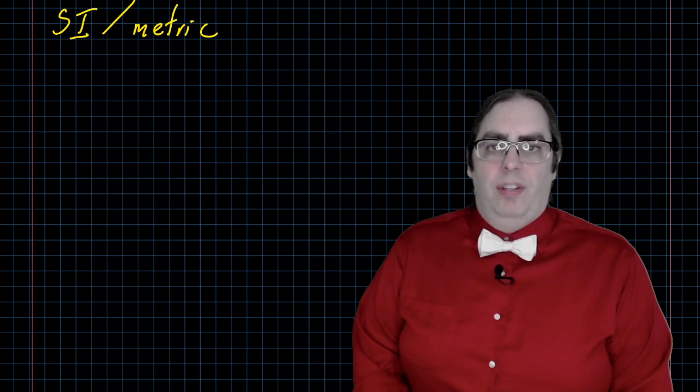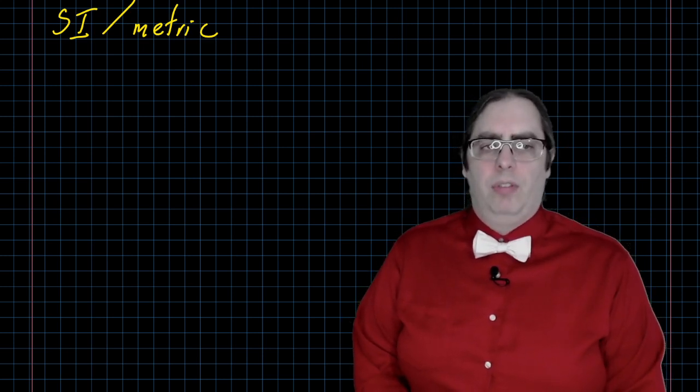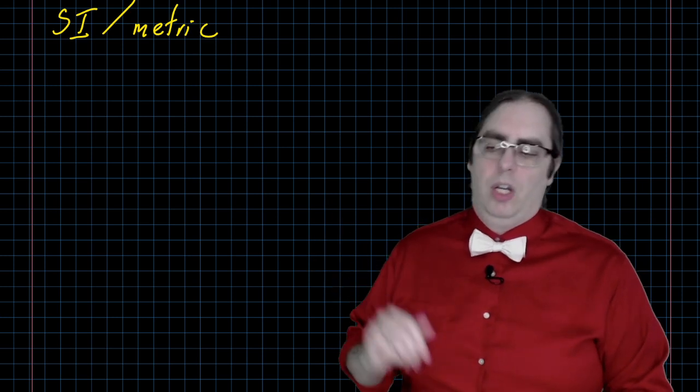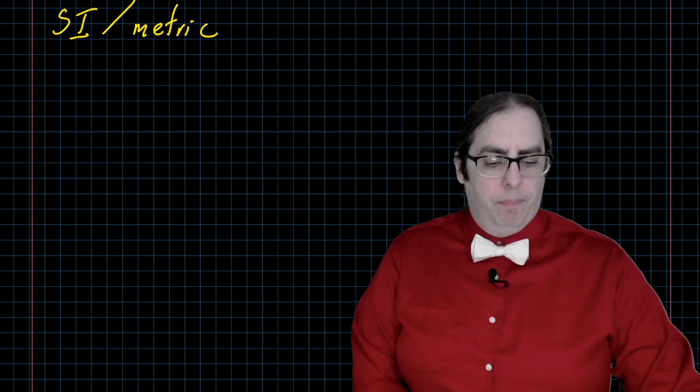The SI system is the International Scientific System, except it's in French, so they say it backwards and they call it SI instead. And there's a lot of overlap between them.